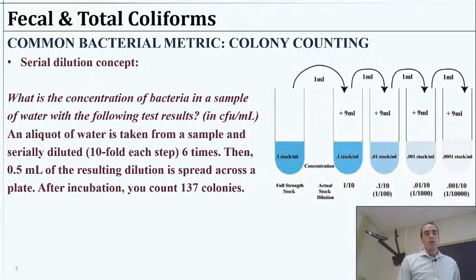So the math works out quite simply, and once you're working with this type of situation, it's a very streamlined thing to do to say, oh, we diluted by a factor of 10 to the 4th, meaning we did that 10-fold dilution 4 times, okay? And that's a 4 log change.